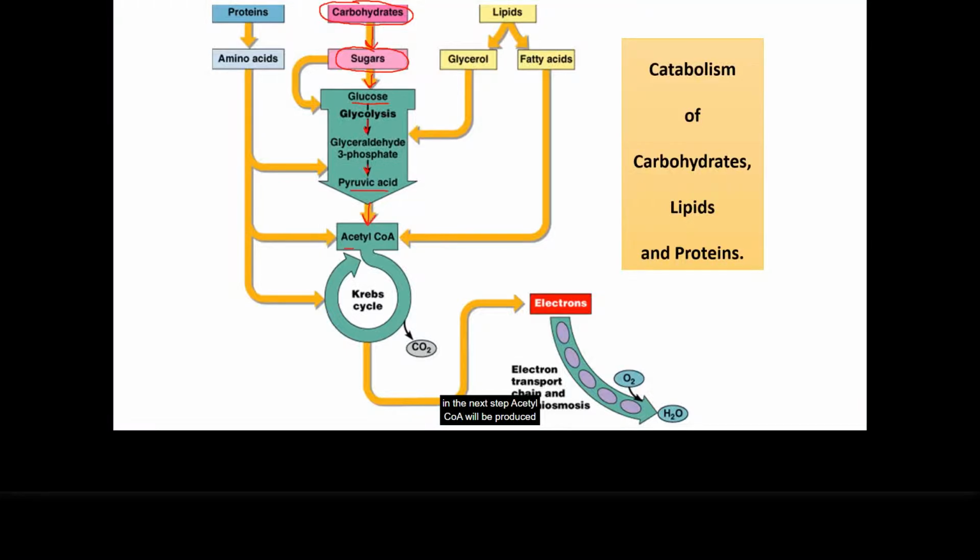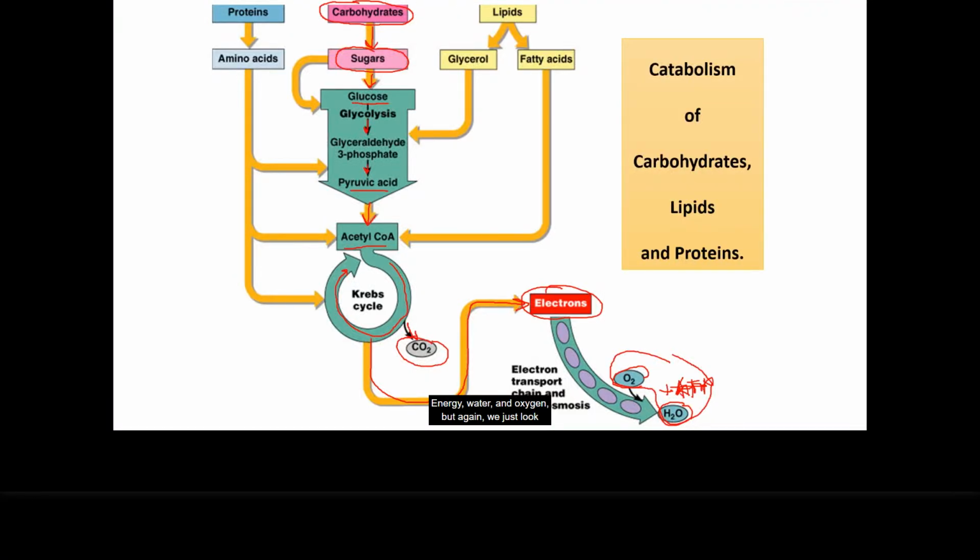In the next step acetyl-CoA is produced, which will be used during the Krebs cycle. Carbon dioxide is produced during this process, and during all these processes a lot of electron carrier coenzymes are produced, which will be used in the electron transport chain to produce energy. ATP molecules are produced, oxygen is used, and water is also produced.